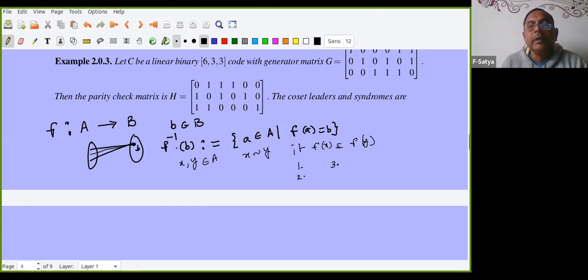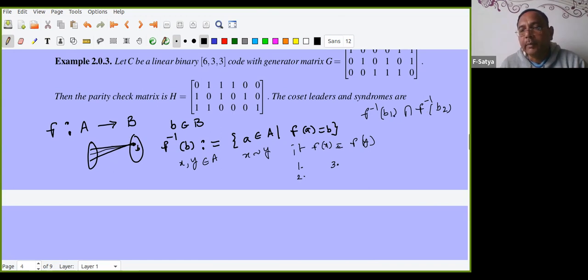So my intention is to say that f inverse b1 and f inverse b2, the intersection of f inverse b1 and f inverse b2. What is this set? f inverse b1 is a subset of A, f inverse b2 is a subset of A, right?